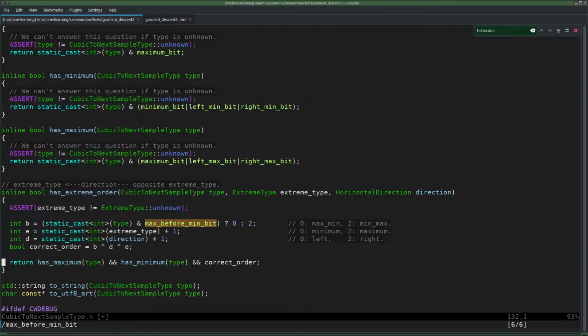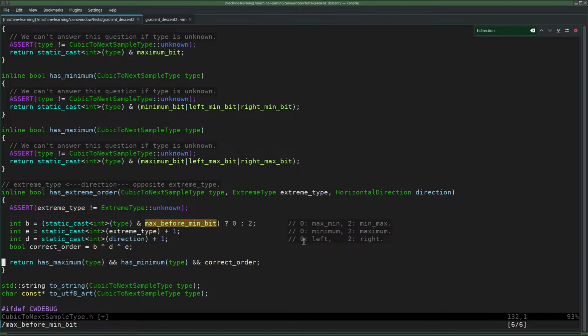And then I think my argument here was that if you have 0, 0, 0, then the result of exclusive ORs are 0. So the correct order is false if they are all 0. And if the minimum is on the left, the minimum must be on the left, I mean, then it is indeed not the correct order if the minimum is on the right.